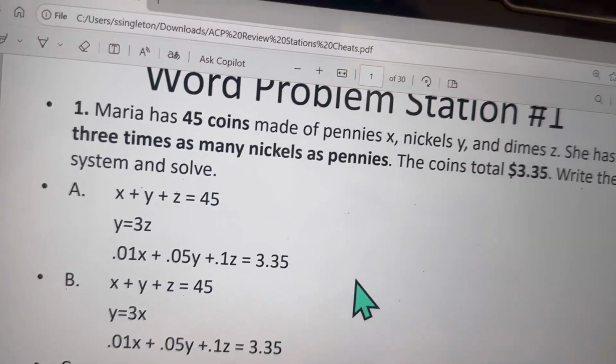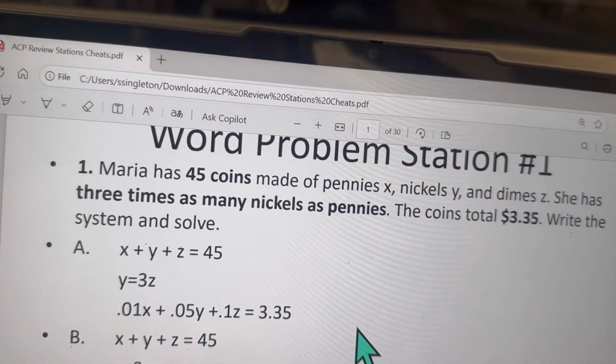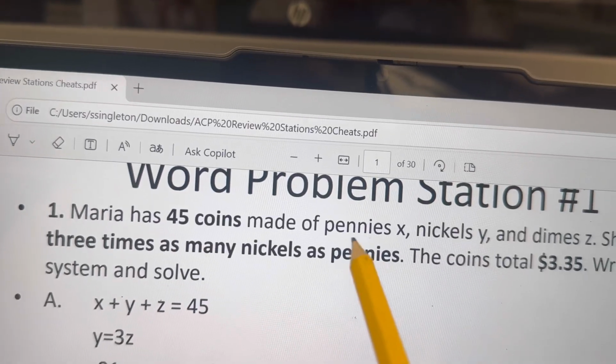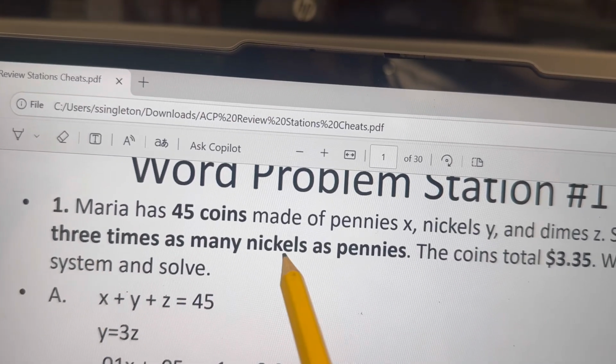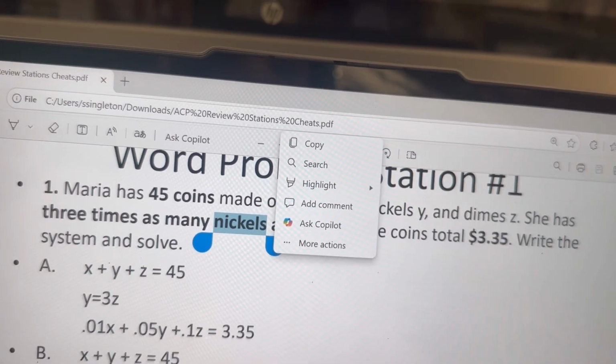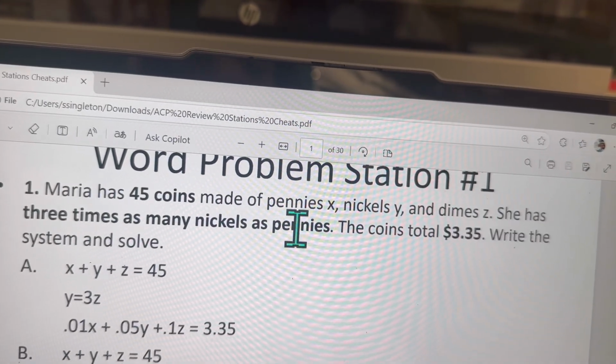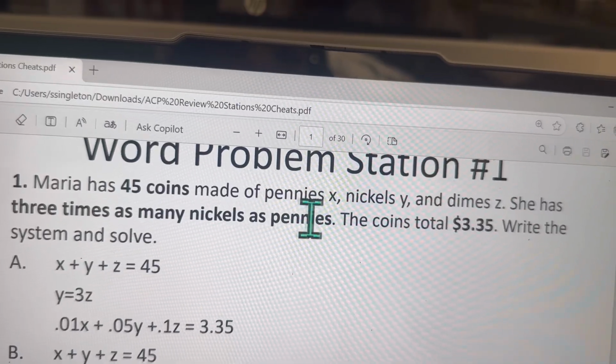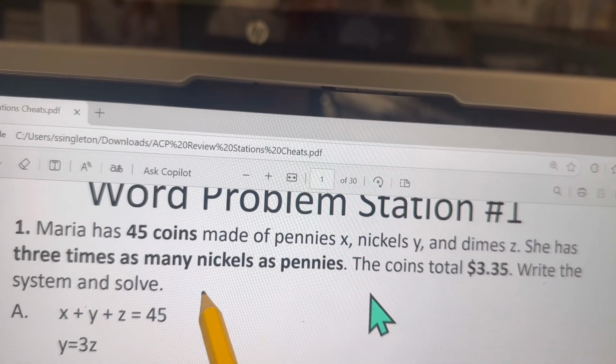The next thing you do on your test is read the second sentence, usually. She has 3 times as many what as what? What word do you read first? Nickels or pennies? Nickels was read first, right here.